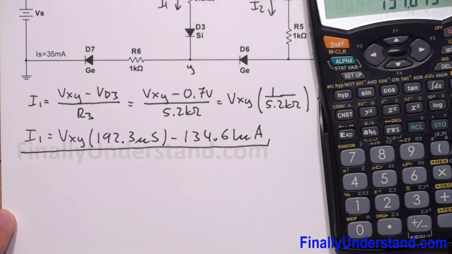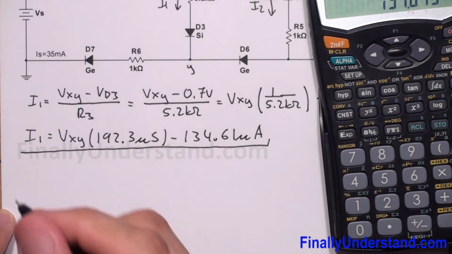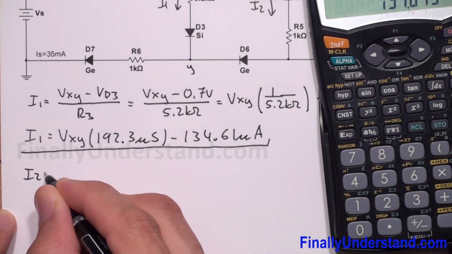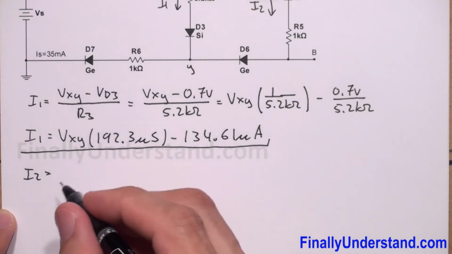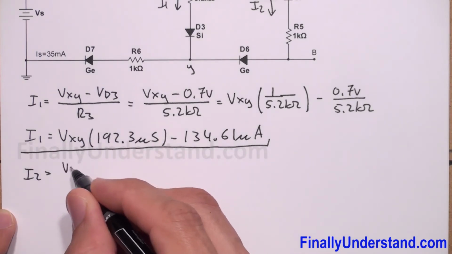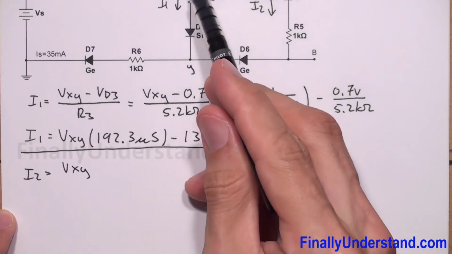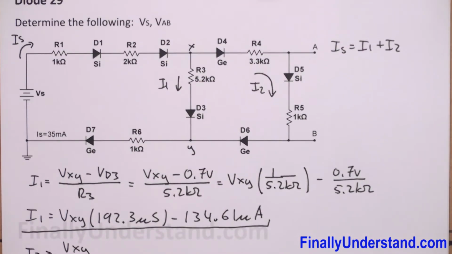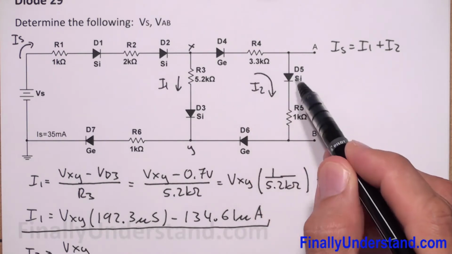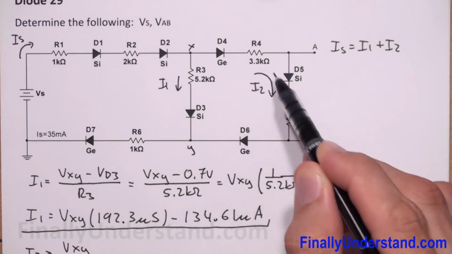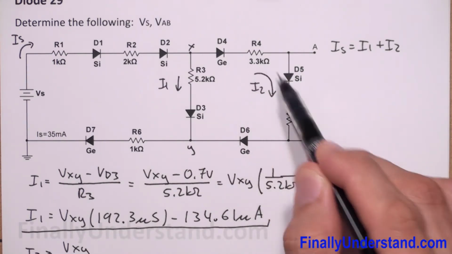Next, I'm supposed to find I2. I2 is equal to Vxy, the voltage between these two points, minus the voltage drops across the diodes, divided by the total resistance of these two resistors.